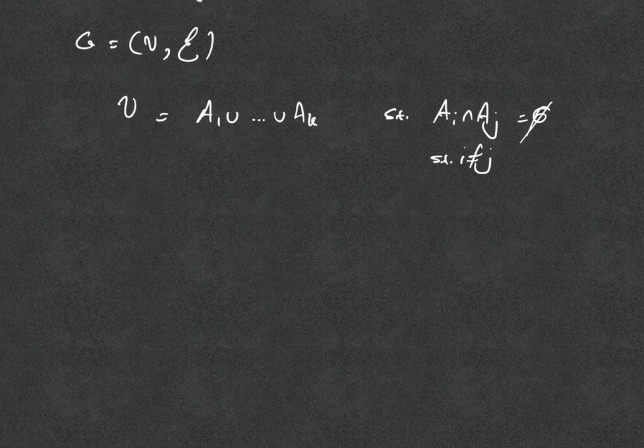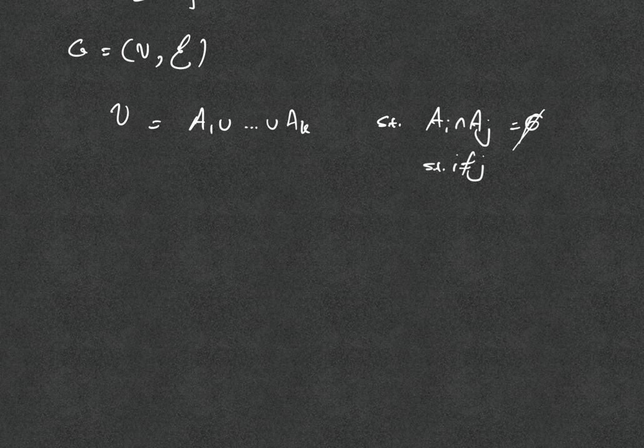So based on this partition, which gives you K non-overlapping subsets, because it's a partition again, you have K non-overlapping subsets here. How you define a cut is like this. You say that the cut is defined this way.